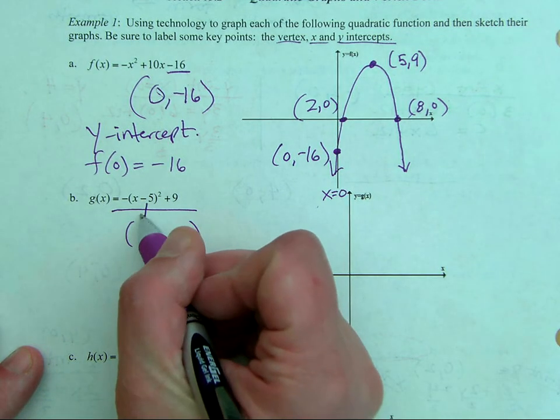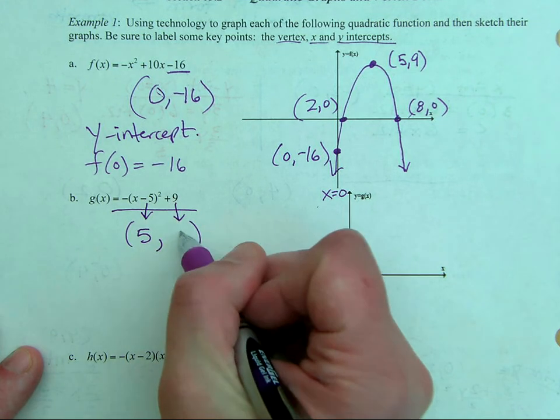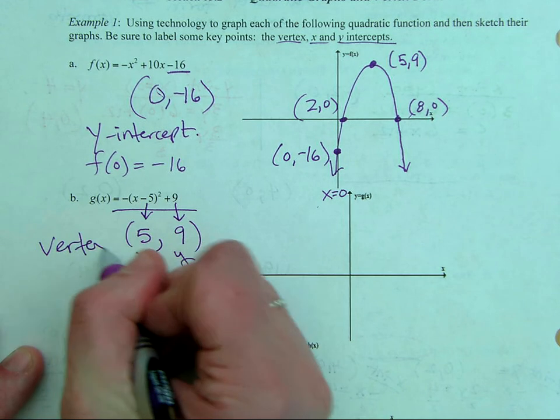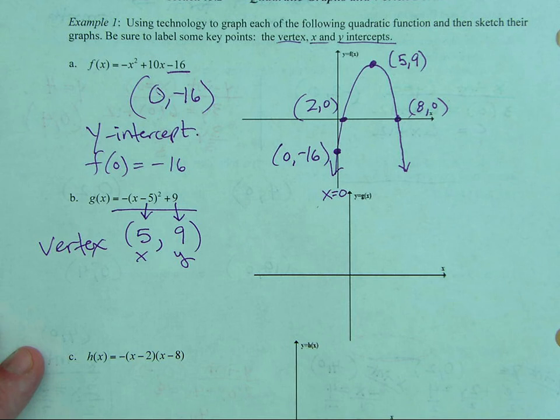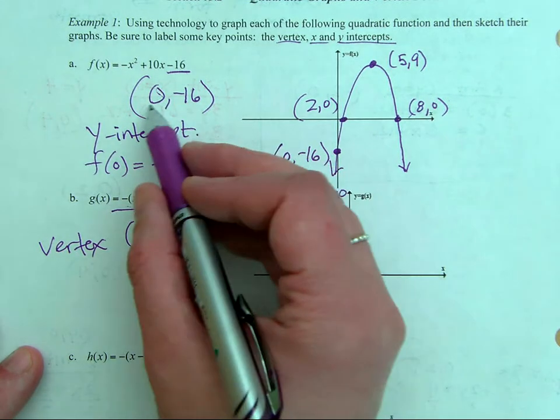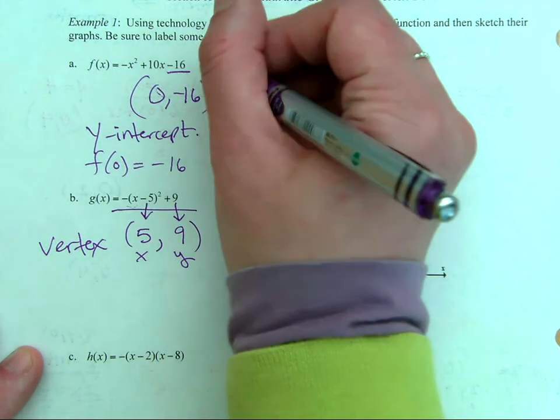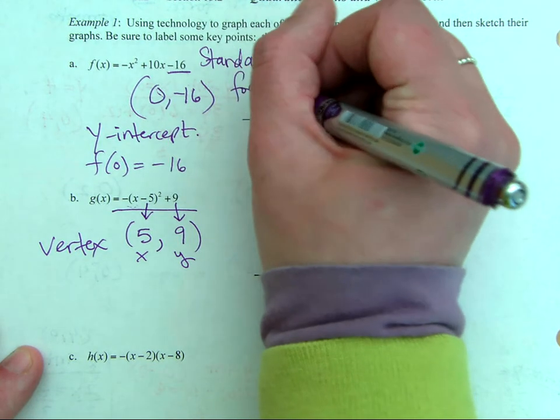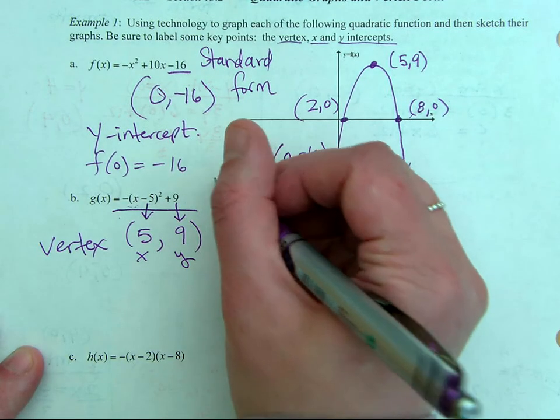The x value is the 5, and the y value is the 9. This is the x and y of the vertex. So, funny enough, we call this one the vertex form. From this form, you don't see the y-intercept. You would see the y-intercept in this form, which we actually called standard form. But here, we call this one vertex form.